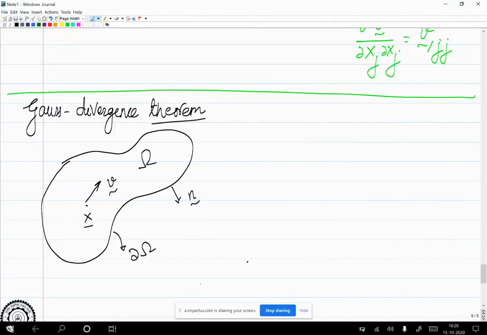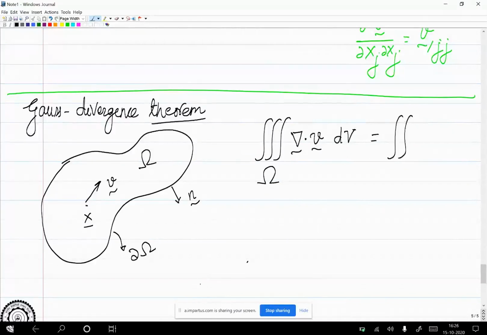Okay, so what this Gauss divergence theorem tells us is that volume integral of divergence of the vector field is equal to surface integral of that vector dotted with n dA. Okay, so this is the Gauss divergence theorem written in tensor form.